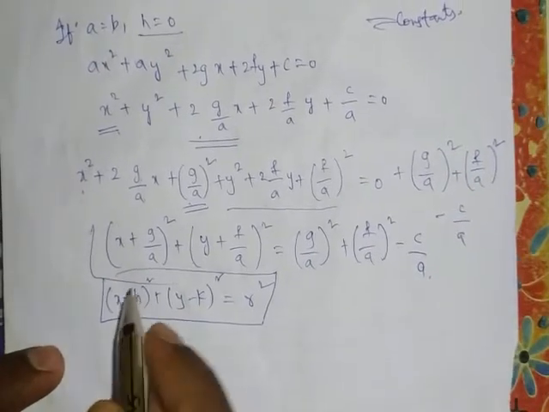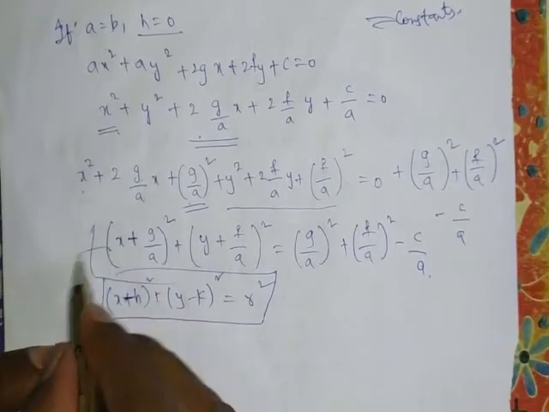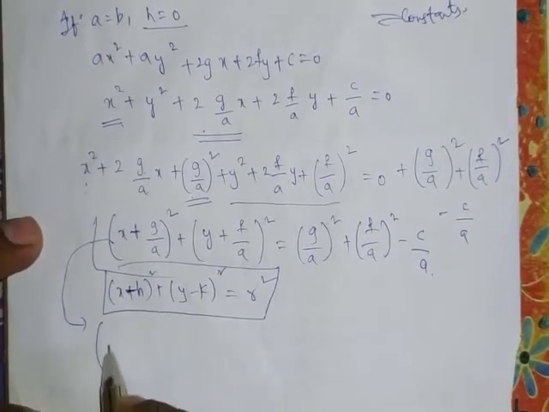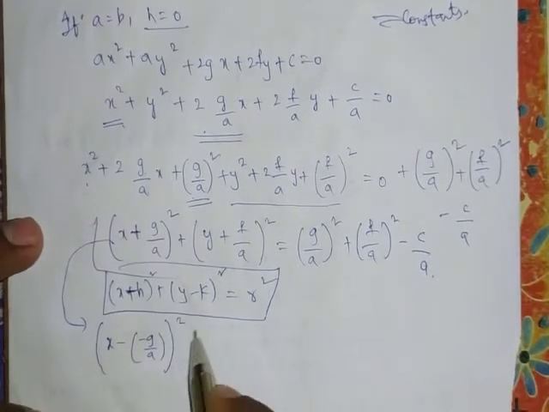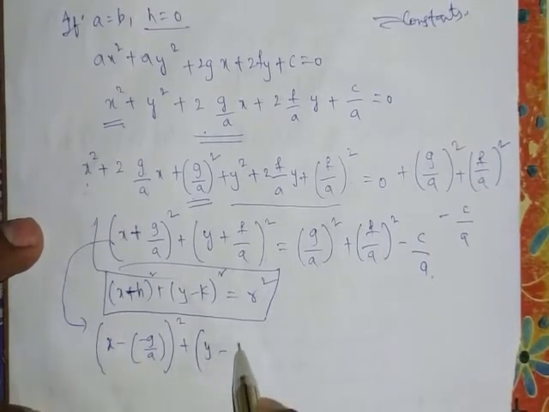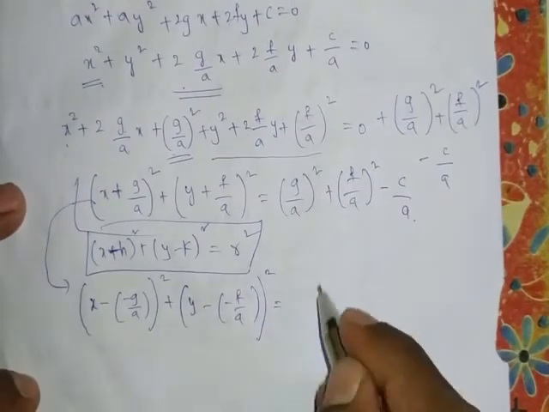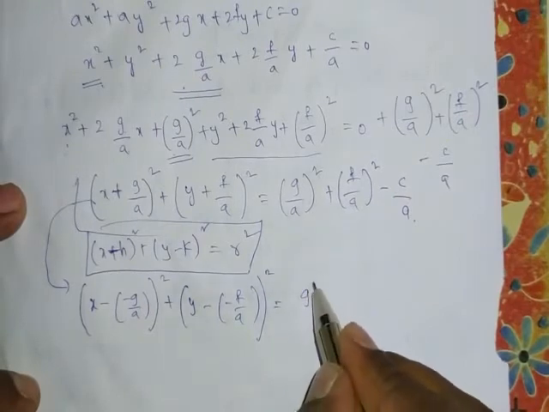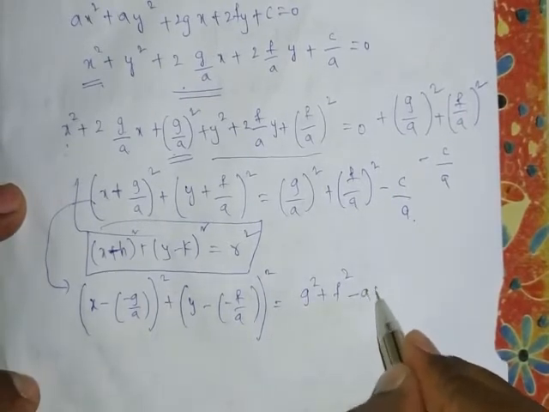Here it is plus, so this equation can be written as x minus of minus g by a whole square plus y minus of minus f by a whole square, which is equal to g square plus f square minus ac by a square.